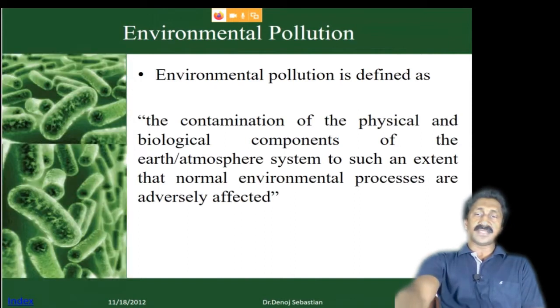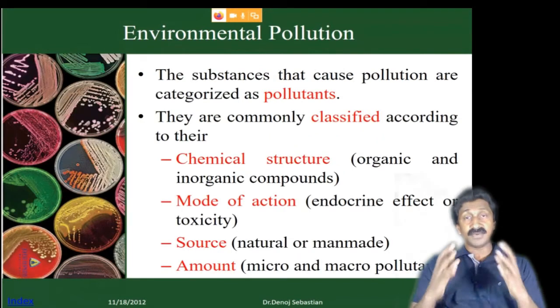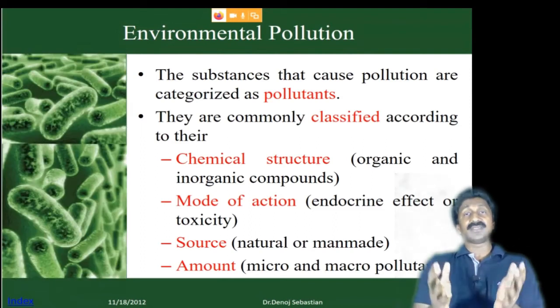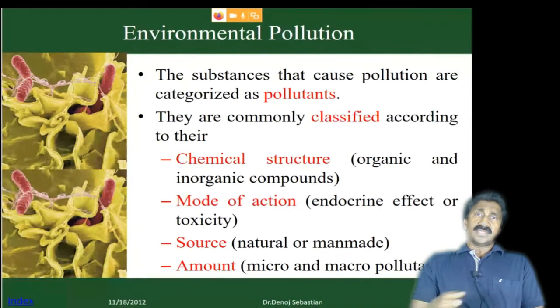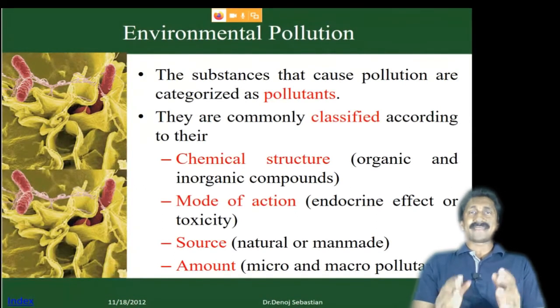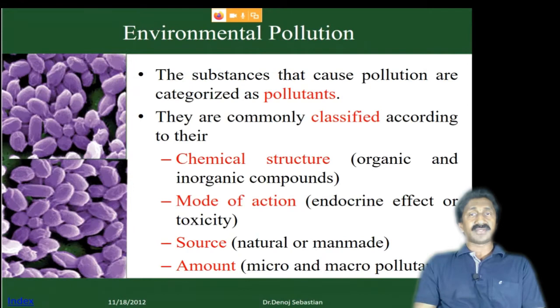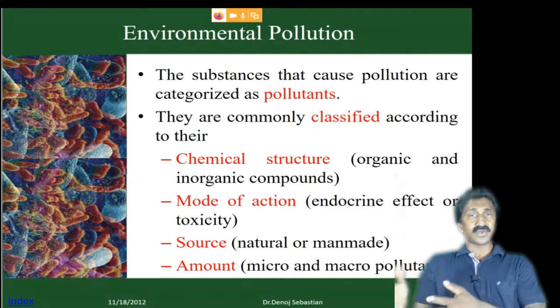Nowadays we know that environmental pollution is increasing on an alarming scale. The substances that cause pollution are categorized as pollutants. They are commonly classified according to their chemical structure, organic and inorganic compounds, or mode of action, like endocrine effect or toxicity.